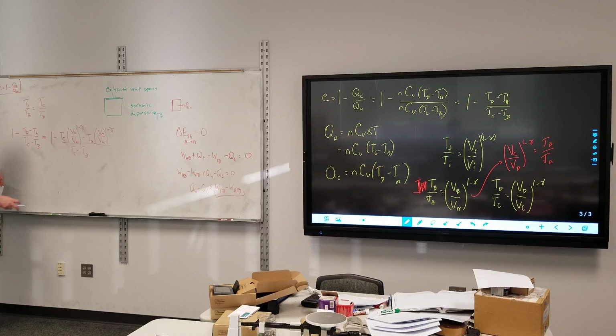We can factor out the common factor. So that gives 1 minus Vx over Vn to the 1 minus gamma over Tc minus Tv, times Tc minus Tv over Tc minus Tv.